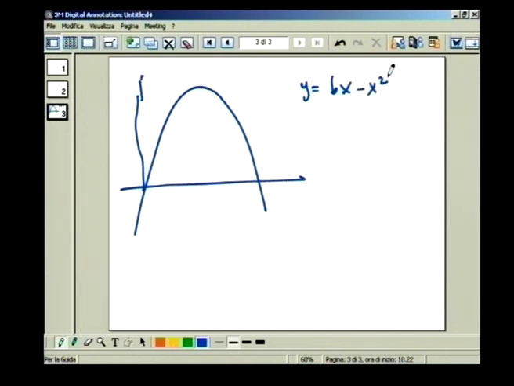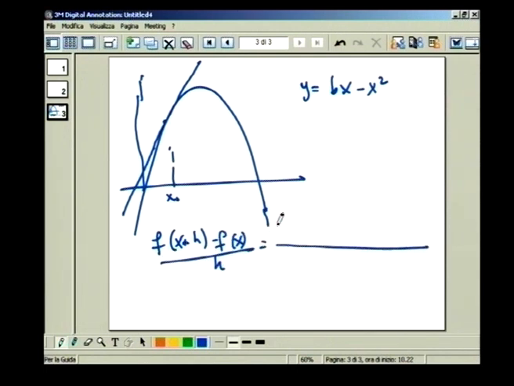This is again a parabola open from below, and he wishes to calculate the slope of the tangent at any point here, x naught. So what he does, he uses the formula f of x plus h minus f of x divided by h. Here it becomes equal to b times x naught plus h, minus x naught plus h squared, minus bx naught plus x naught squared, divided by h.